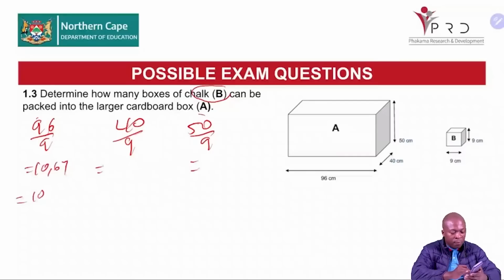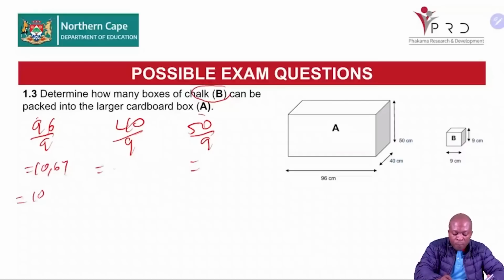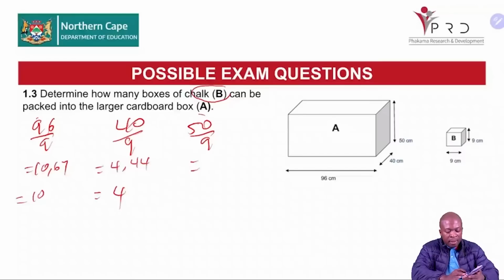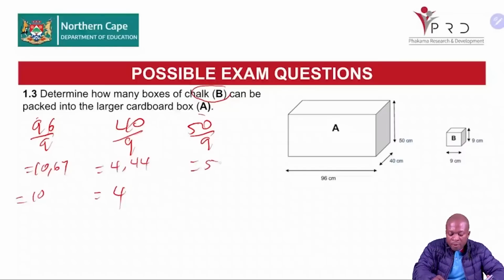The next one is 40 divided by 9. That will give us 4.44. So you can only pack 4. All right, the last one is 50 divided by 9. That will give us 5.56. So we ignore the decimal, we can only write 5.